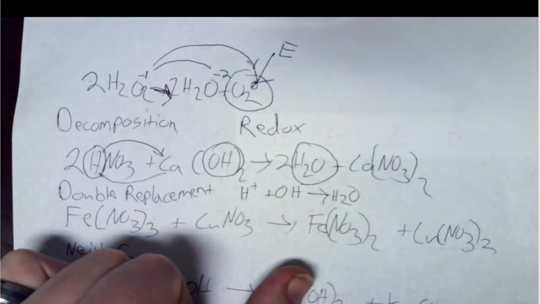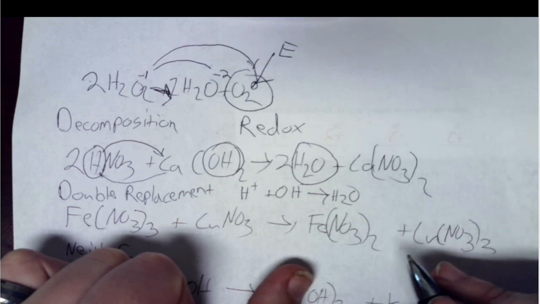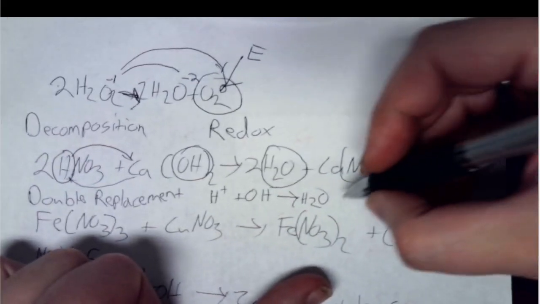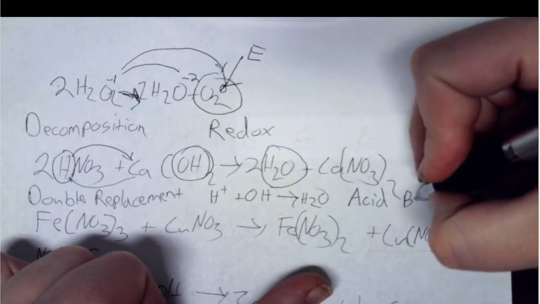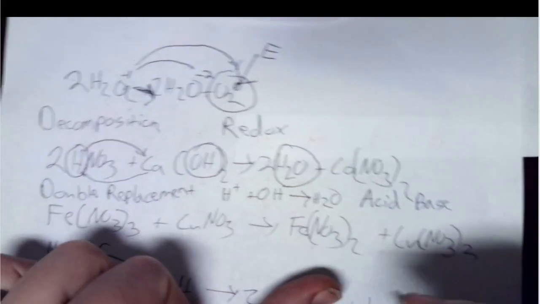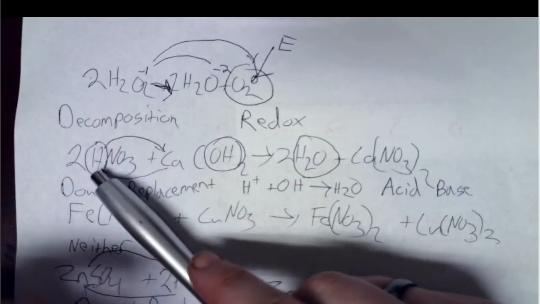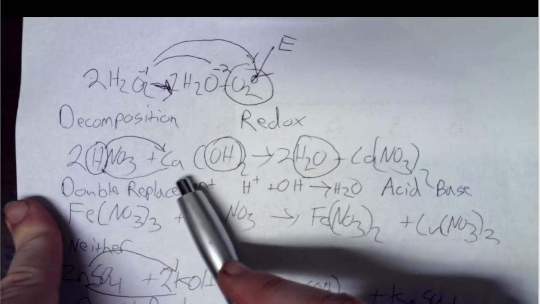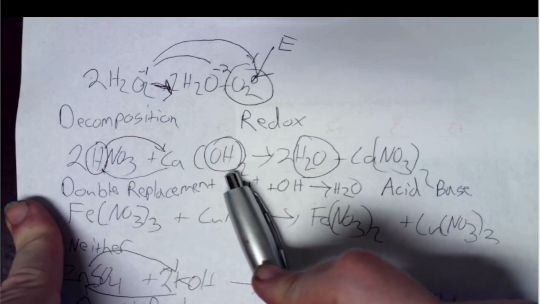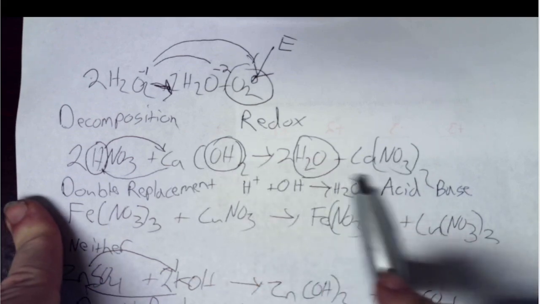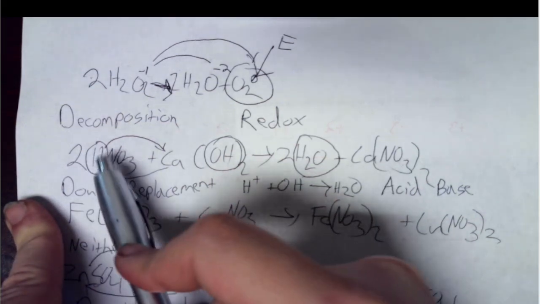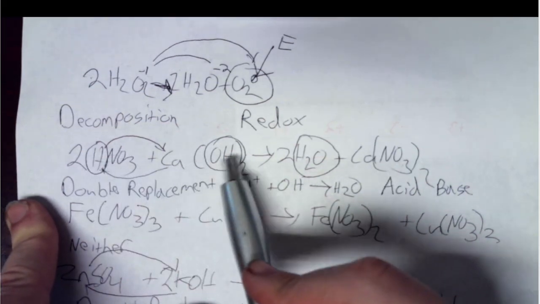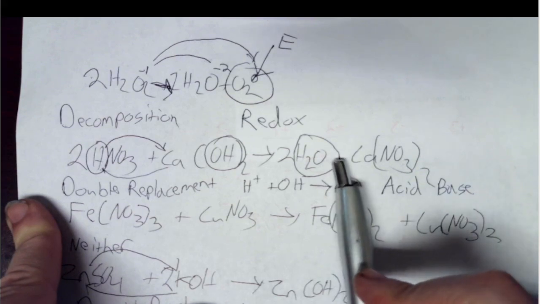I need all three. If all three are present, it is an acid base neutralization. If I were to say the names, nitric acid and calcium hydroxide, which is our base, go to water and calcium nitrate, a salt.